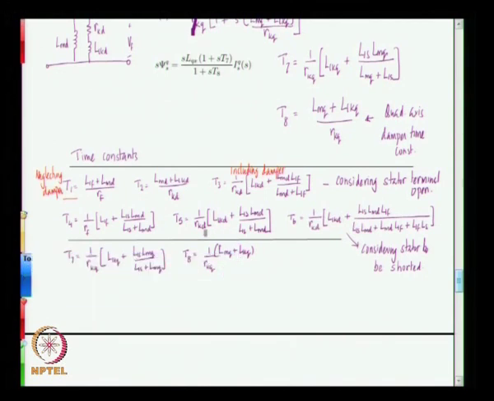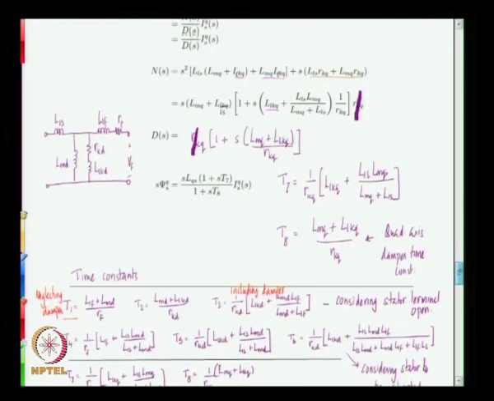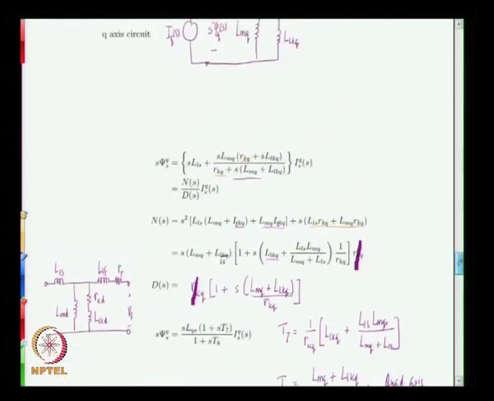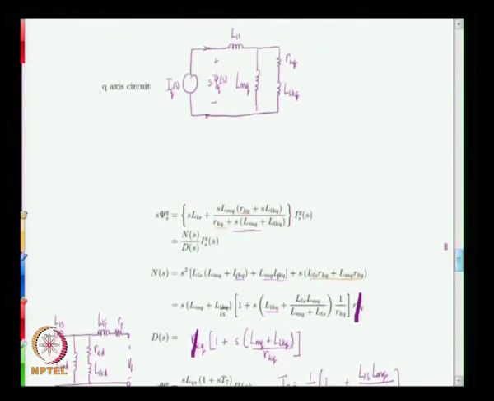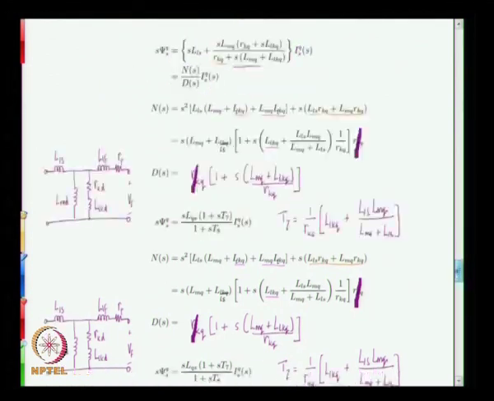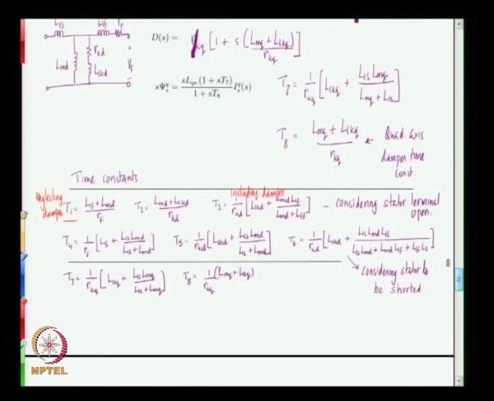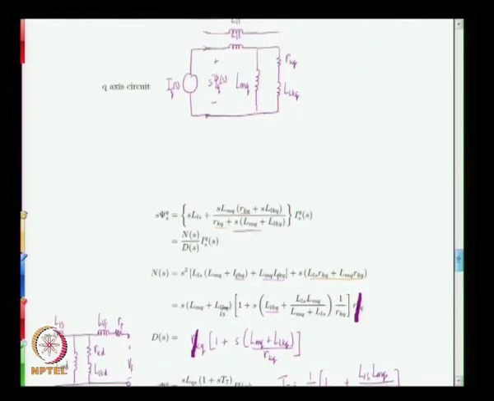Now T7 and T8 belong to the q axis, and here again these two can be derived by considering the stator terminals to be shorted. We already have the q axis equivalent circuit here. So if you consider this to be a short, then one can derive this expression. LLS and LMQ come across each other, as can be seen here.